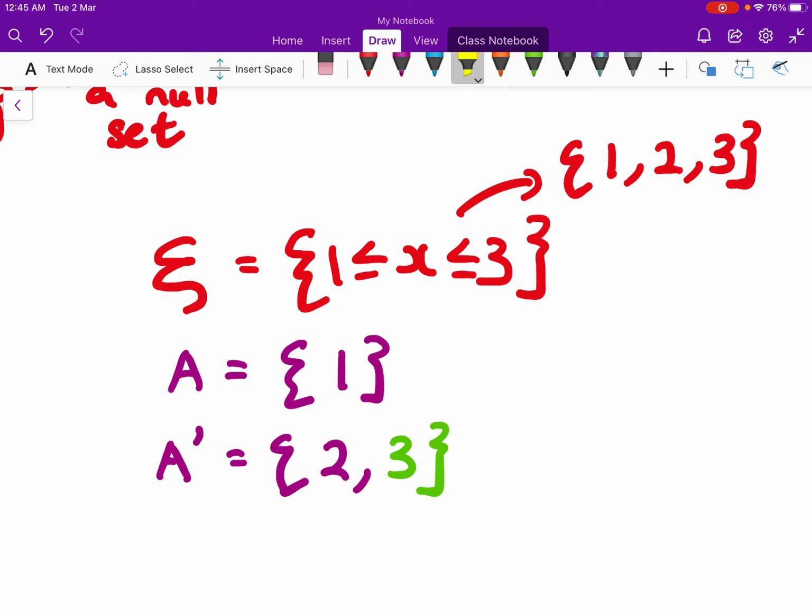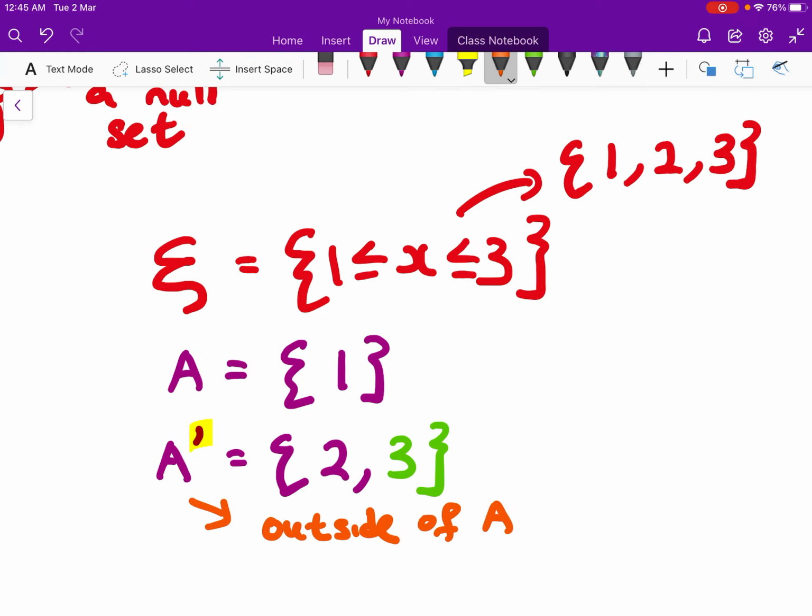A complement means anything that is outside of A. So what is outside of A but still within the universe? Remember, our 1, 2, 3 is inside the universe.